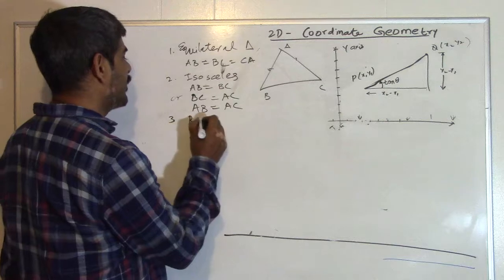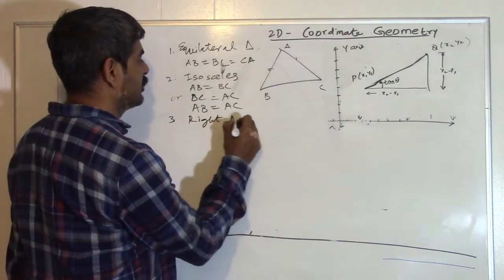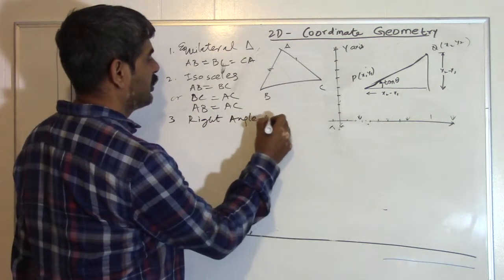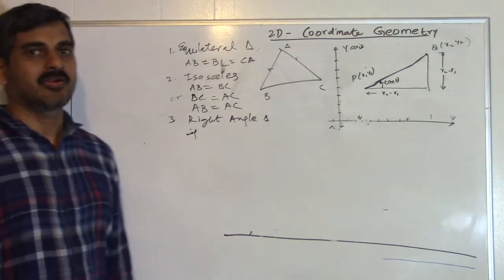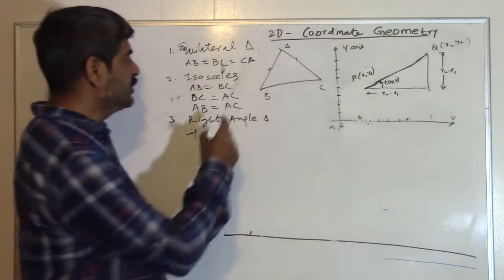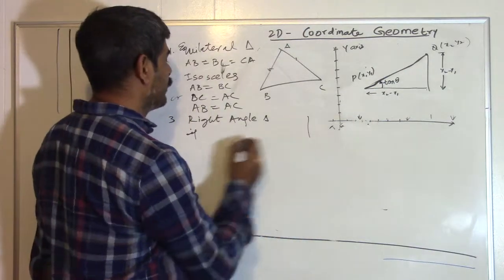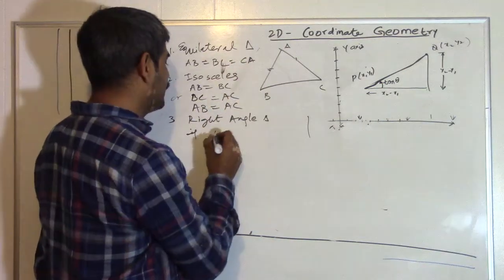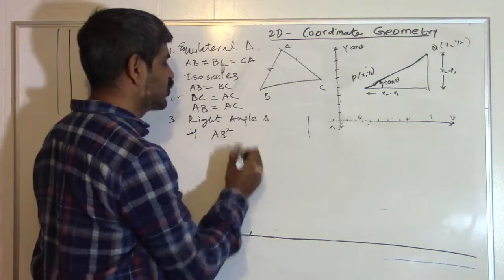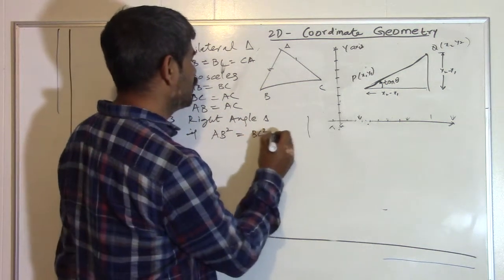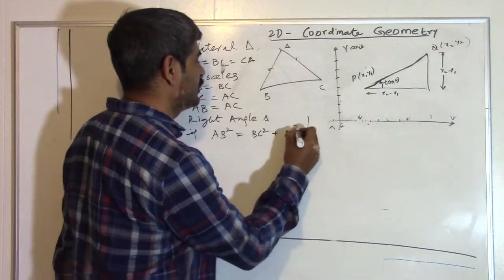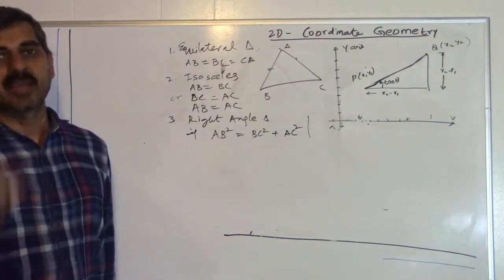A triangle may be a right angle triangle. How do you find whether a triangle is right angle or not? What we do is, we try to find any one length, let us say AB, and find its square, and if this is equal to the sum of the squares of the other 2 sides, BC square, the triangle will be a right angle triangle.